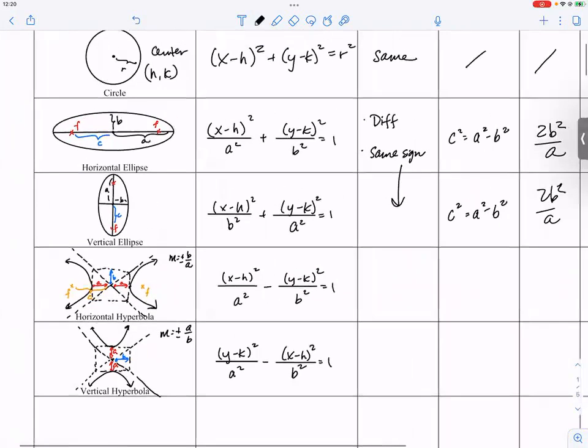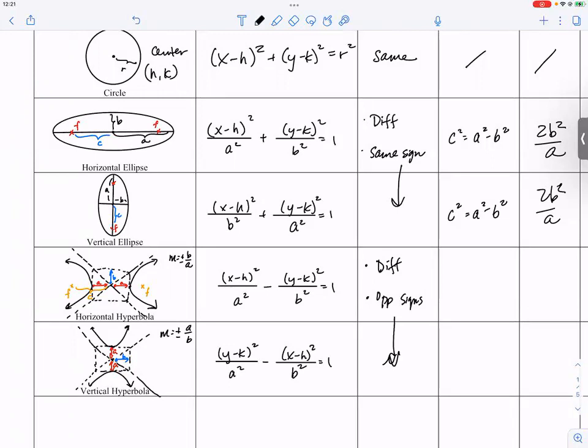And on the general form equation, the coefficients are different for x squared and y squared. Not only are they different, they must have opposite signs, so that you can tell what they look like.